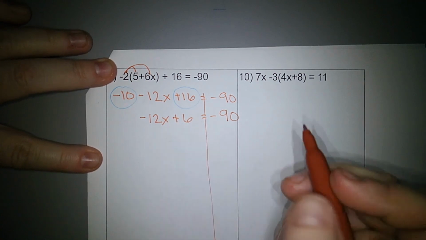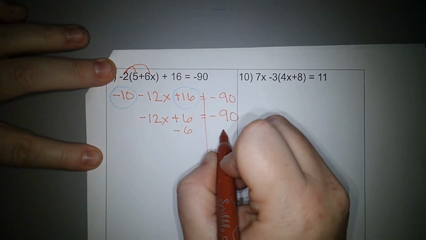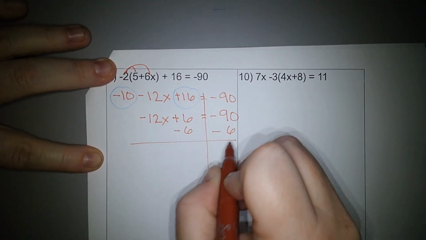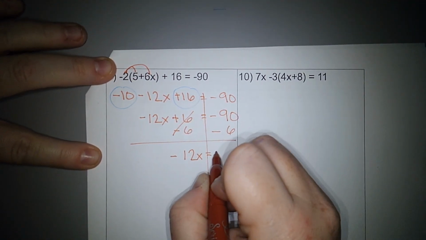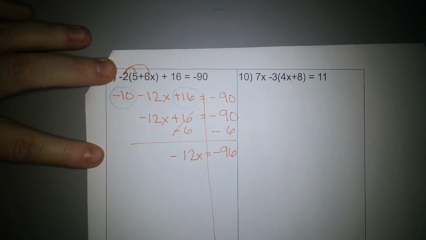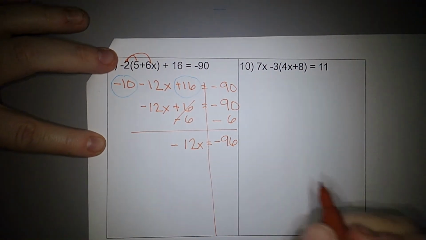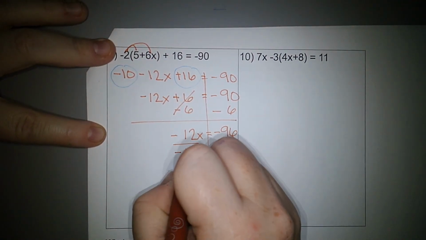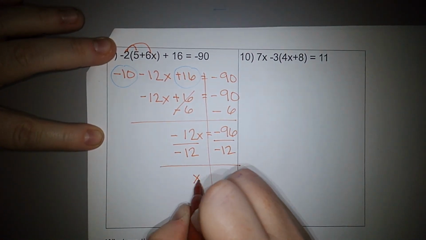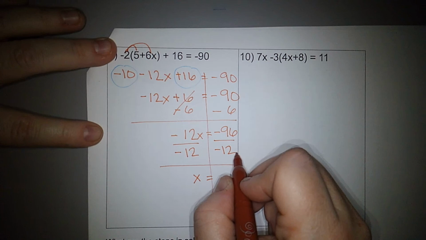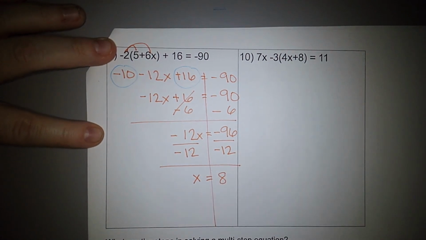The opposite of positive 6 is a negative 6 or minus 6. 6 is canceled out. We're left with negative 12x equals negative 96. The opposite of multiplying by negative 12 would be to divide by negative 12. Negative 96 divided by negative 12 is a positive 8.